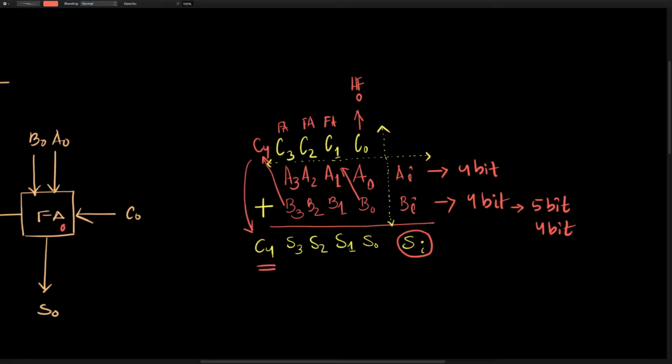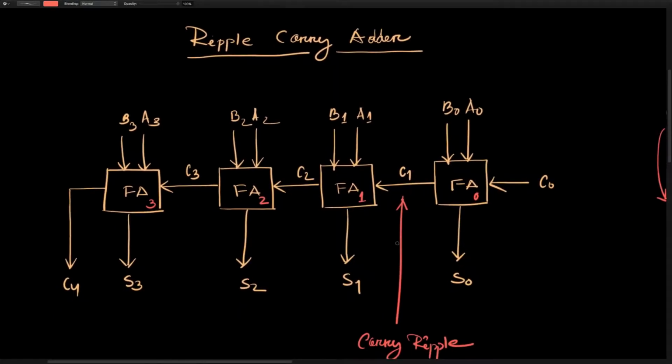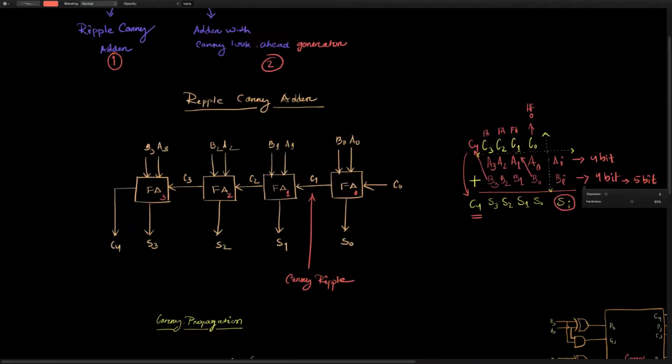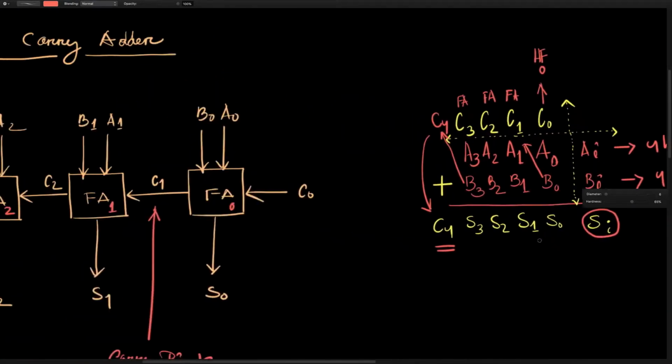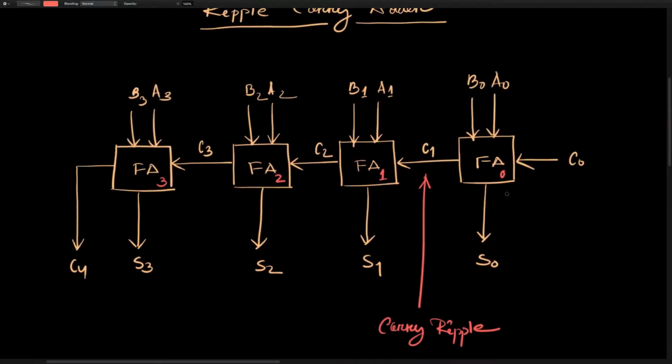We're going to follow the first method, that is the ripple carry adder. You can relate this to the explanation I just gave for the first bit calculation. Numerically we represent c0 as 0. We can use a full adder, but we can also use a half adder here because c0 is 0.